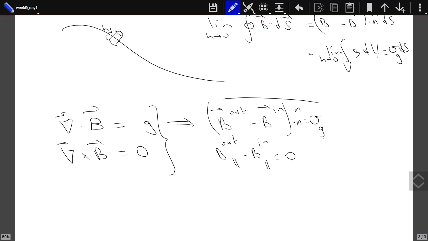Then if you look at the vectorial difference, the parallel components just cancel between B out and B in. What remains is only the component perpendicular to the surface, and that discontinuity is in the n direction, and it is proportional to the sigma g.